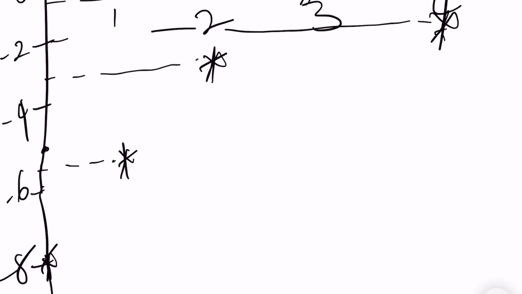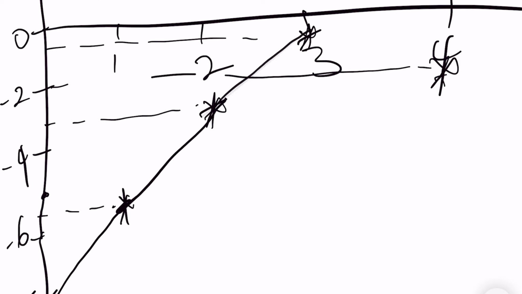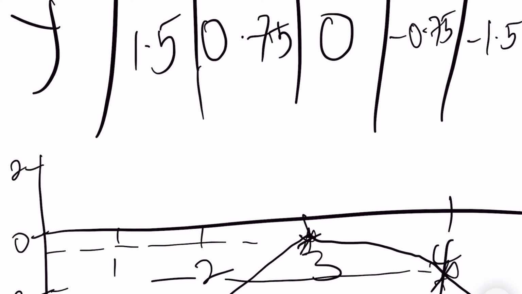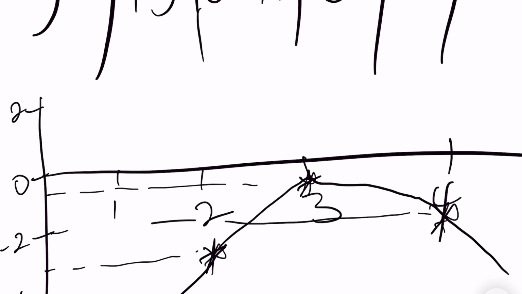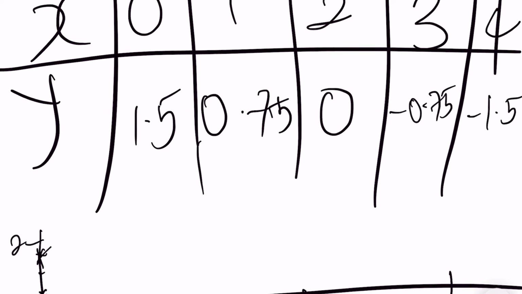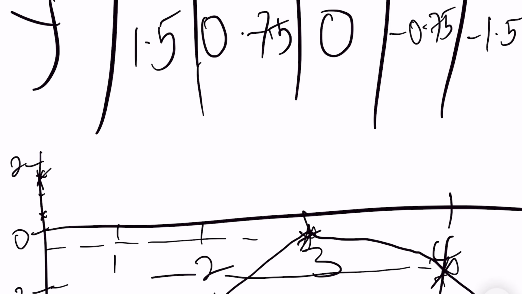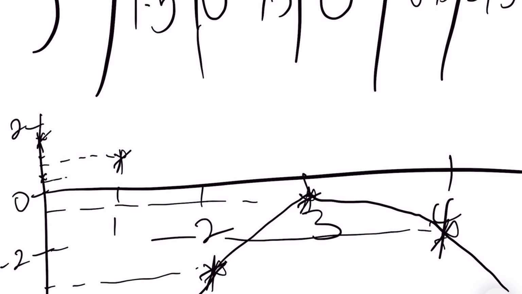So our straight line graph will be. Now for the second one, where x is 0, our y is 1.5. Where x is 1, our y is 0.75. Where x is 2, our y is 0.